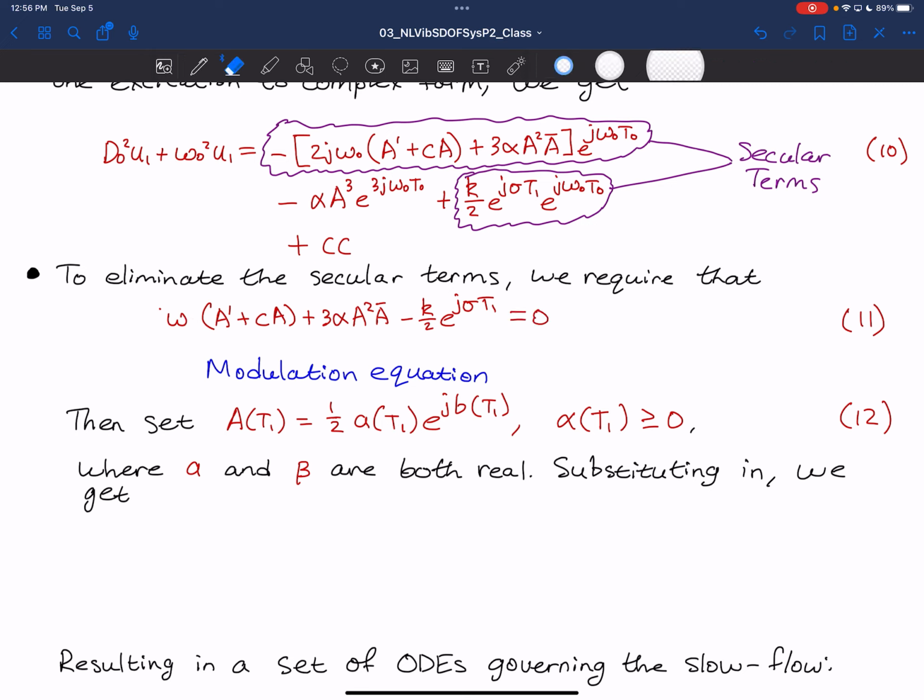We call this equation the modulation equation.